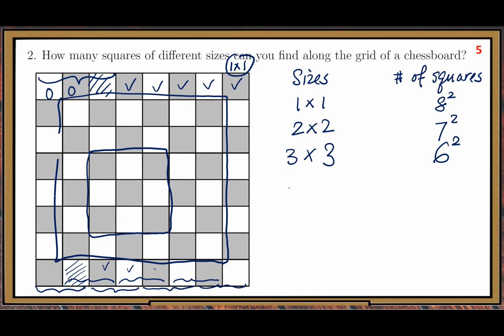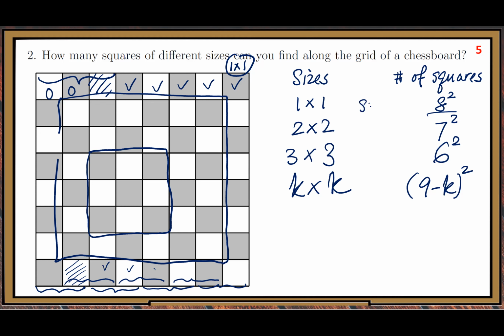Think about if you have k by k here, what is the number of squares? Can you get a formula? Number of squares, 9 minus k squared? Is that 9 minus k squared? Not 8, right? See, size 1, 1 by 1.